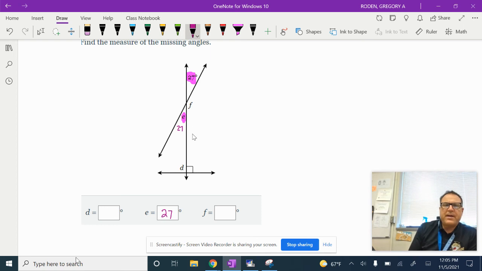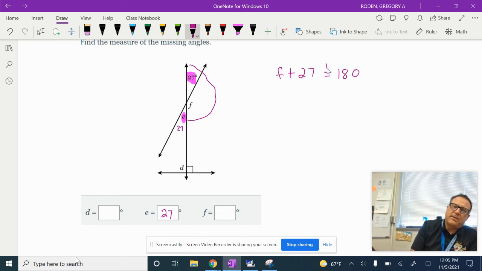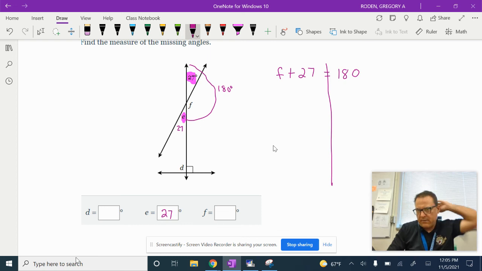Now, let's find F. Well, F is supplementary to 27 degrees because it makes a straight line. Did you get that? So now my equation is going to be F plus 27 equals 180 because they are supplementary. Supplementary are two angles that add up to 180 degrees.